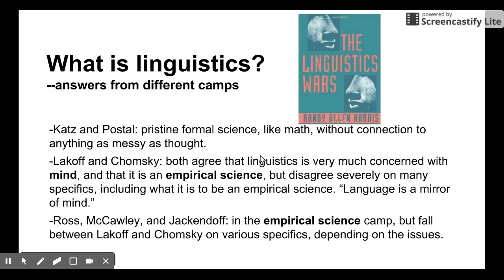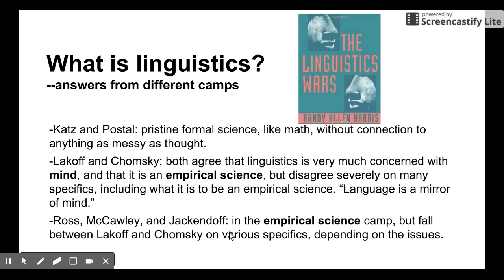However, they have some disagreement about what it is to be an empirical science. And for the third camp, Ross, McCawley, and Jackendoff, they think that linguistics is an empirical science, but they differ from Lakoff and Chomsky in various specifics depending on the issue.